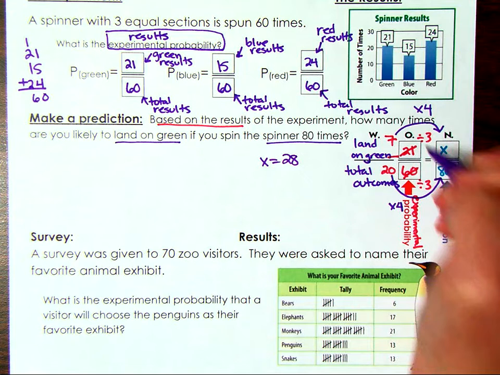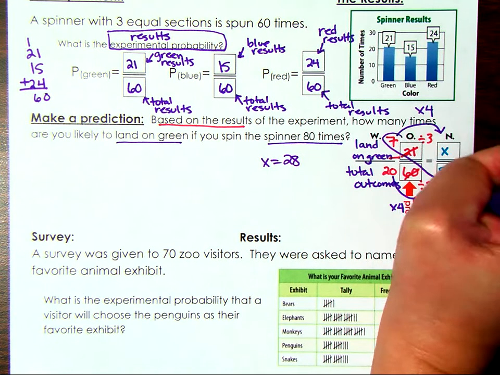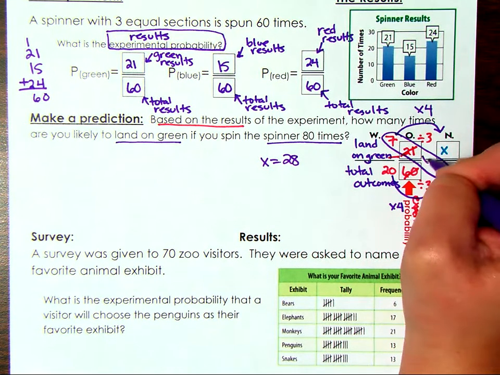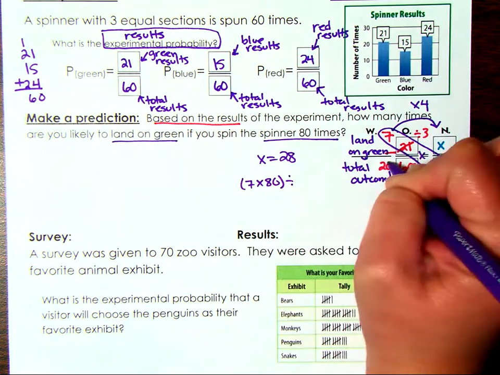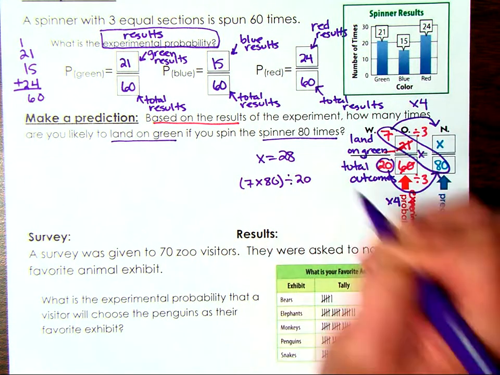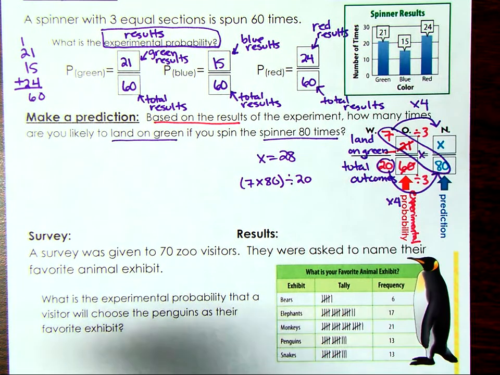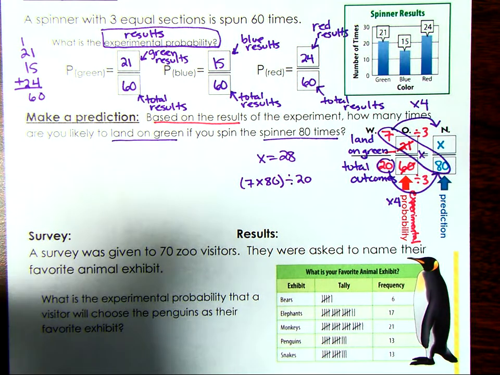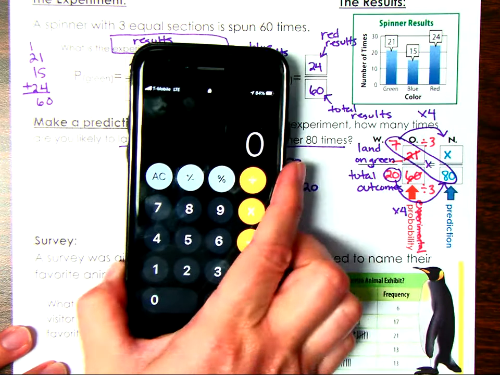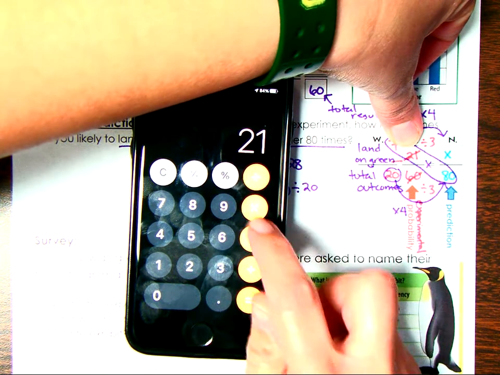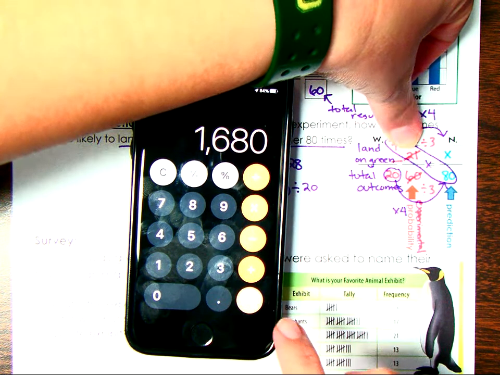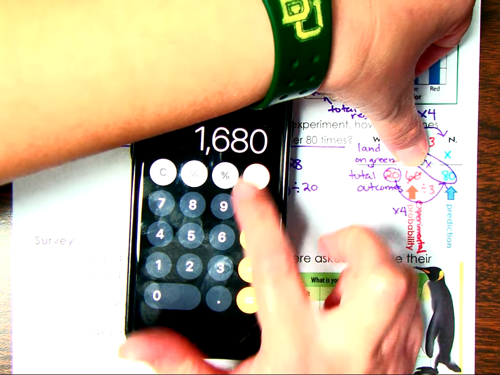Okay? If you don't see it that way, you could have done it the original 21 times 80, or even this way, 7 times 80, and divide by this new number, which was 20. We'll still get 28, and I'll show that to you. Okay? So again, I'm just trying to show you multiple ways. So let's take it back to the original. This was 21 times 80, and my original denominator was 60.